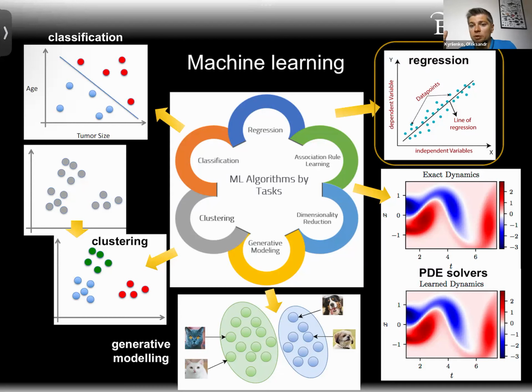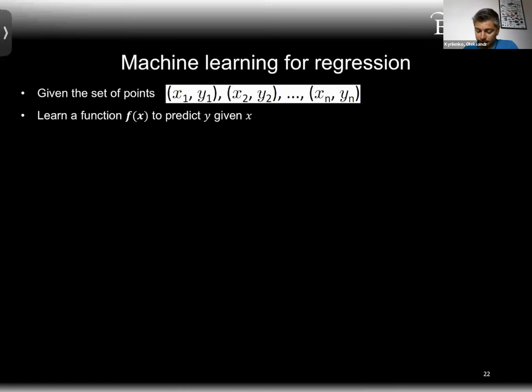How do I post-process it? And because the problem itself defines the workflow, the most optimal way of solving it. And out of all problems, we will go through regression first, then there will be classification, clustering, solving scientific computing problems like differential equations, and generative modeling.